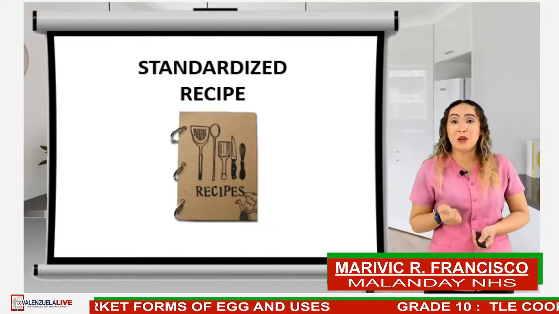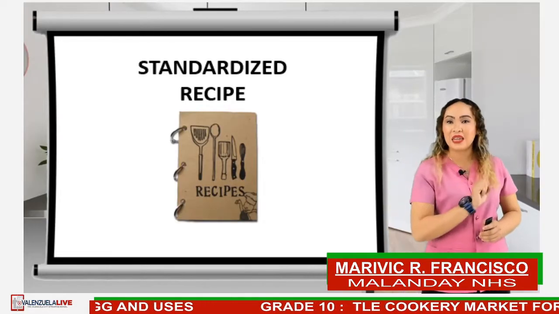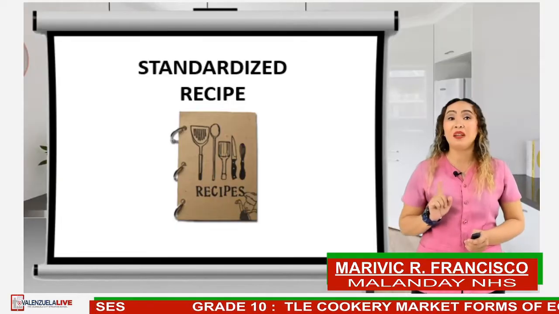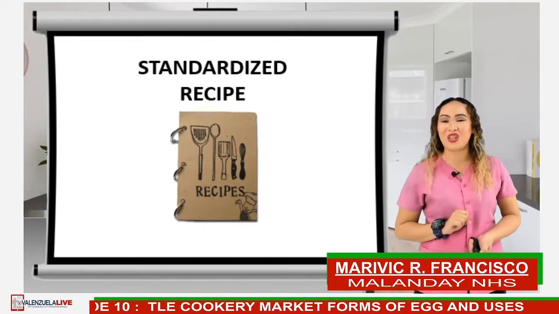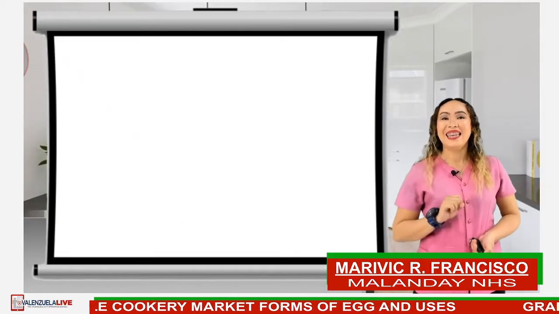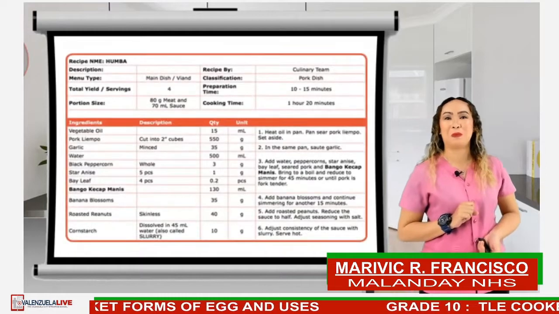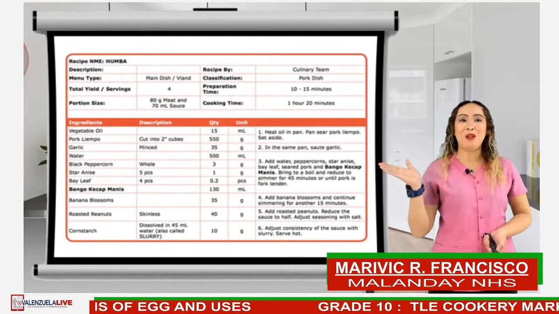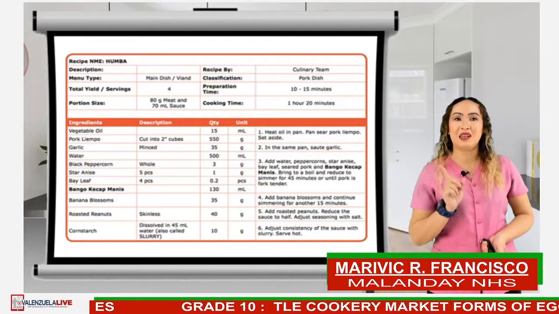It will produce a product that is close to identical in taste and yield every time it is made, no matter who follows the directions. Now, here are the parts of a standardized recipe. Here is an example of a standardized recipe. Let us identify the different parts.